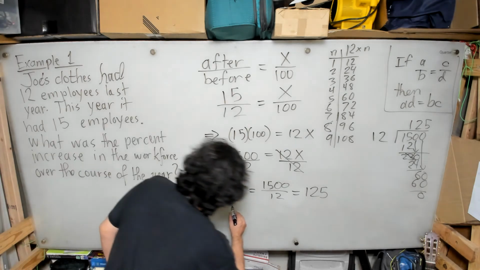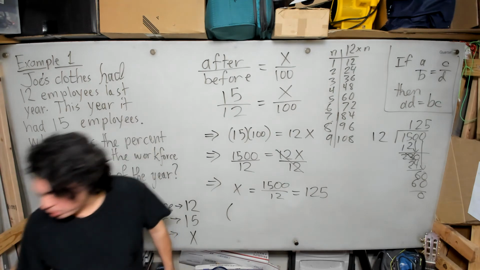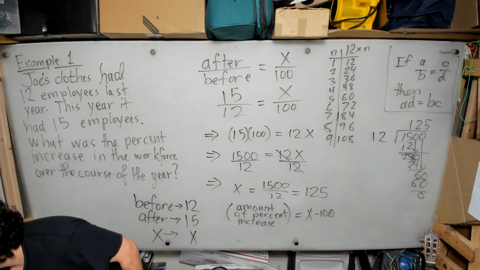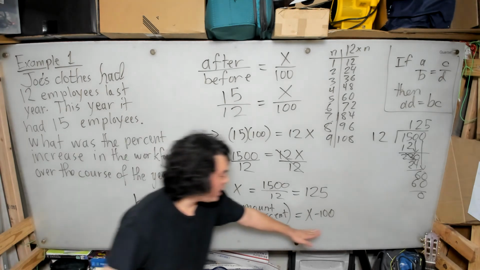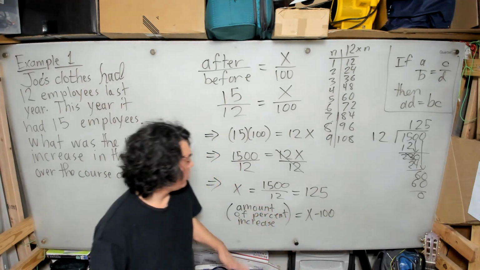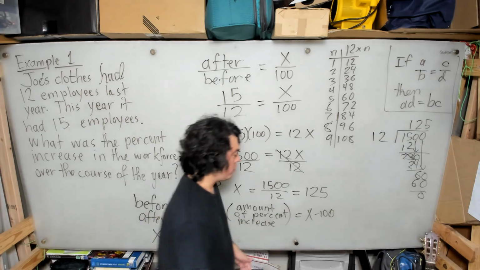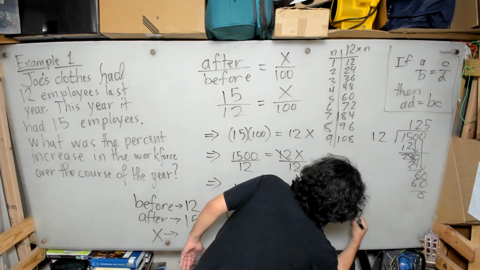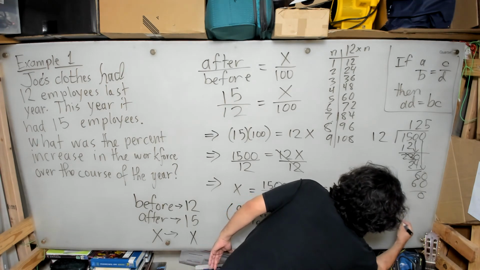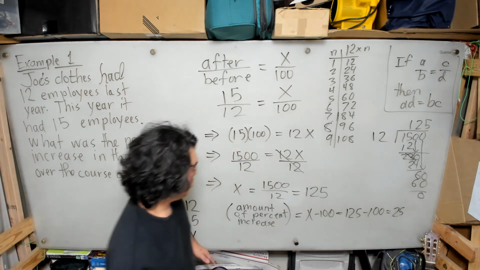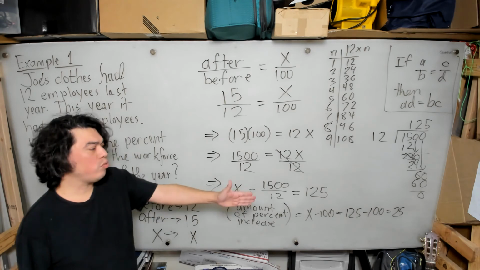So let me write that down here. Our amount of percent increase will be x minus 100. Our x is 125, so it'll be 125 minus 100, or in other words, just 25. So the amount of percent increase is 25.